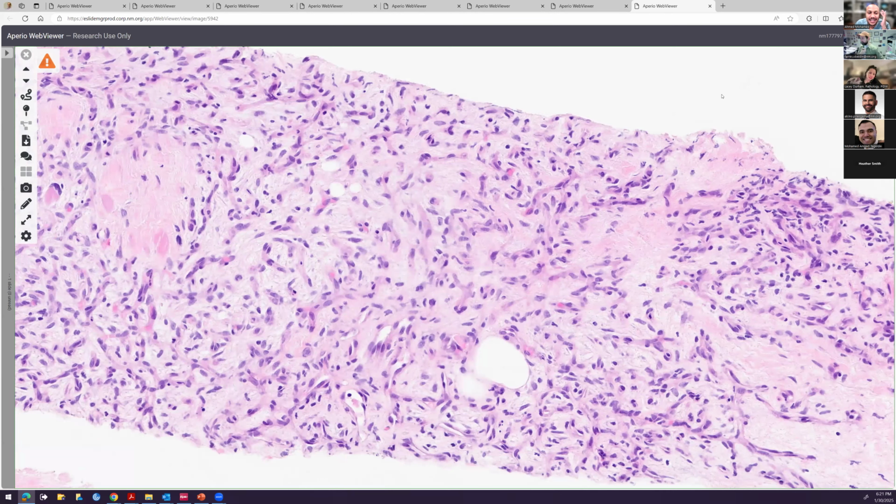It has kind of a hyalinized background. Yeah, it's kind of myxoid to hyalinized in the background. And then looking at these cells, they're spindle cells with eosinophilic cytoplasm. Are you talking about the intervening stuff here? Yeah, there's a couple. I wonder if these vessels are like chicken wire. Yeah, there's a bunch of vessels here.